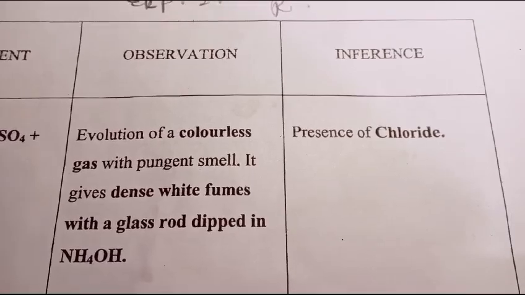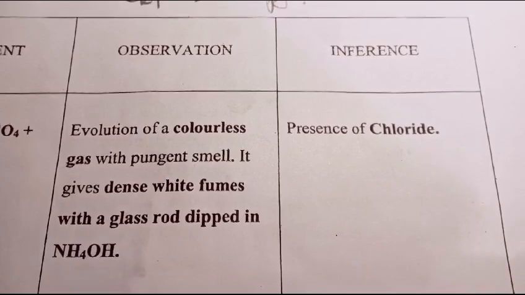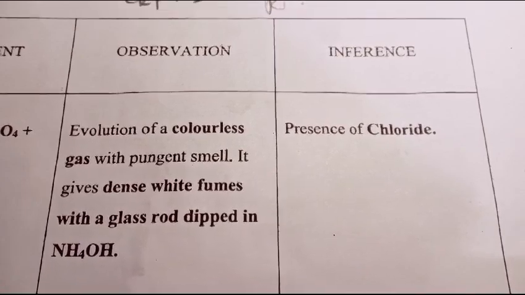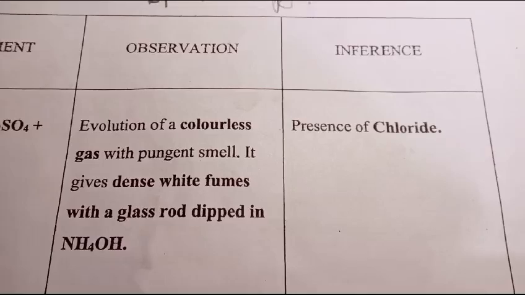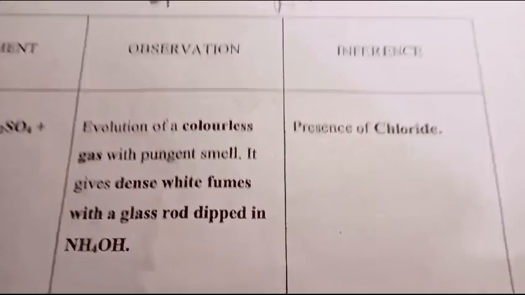That means dip a rod in ammonium hydroxide and hold it over the test tube, you will find dense white fumes. That means presence of chloride is there, not confirmed, just presence of chloride.